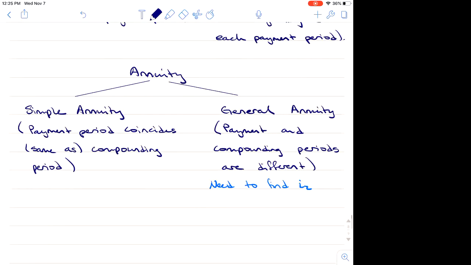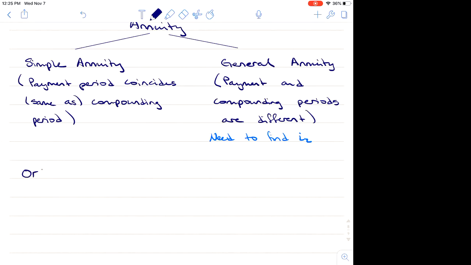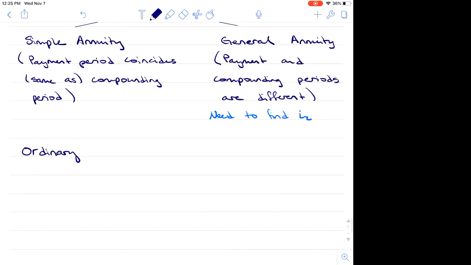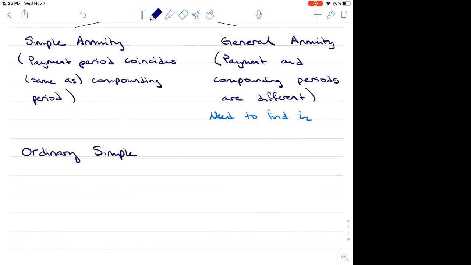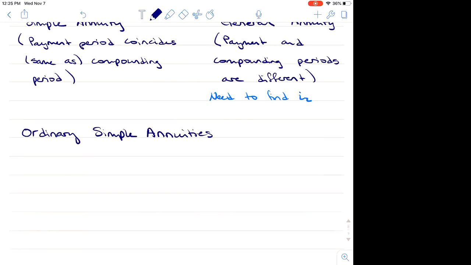So we'll start with ordinary simple annuities. Let's start by having a peek at your formula sheet, just looking at the left-hand side for now.